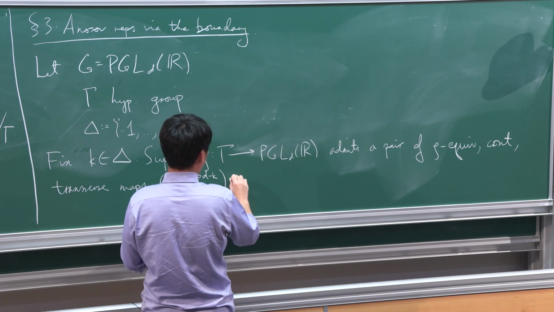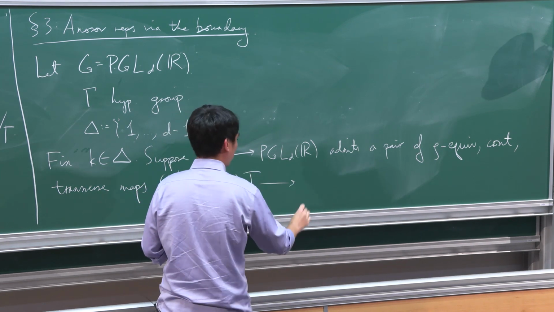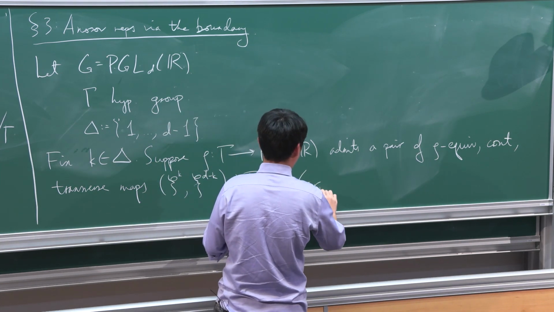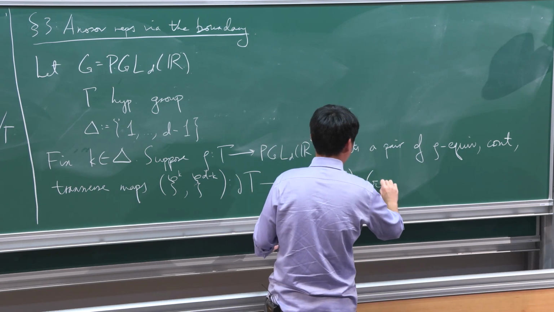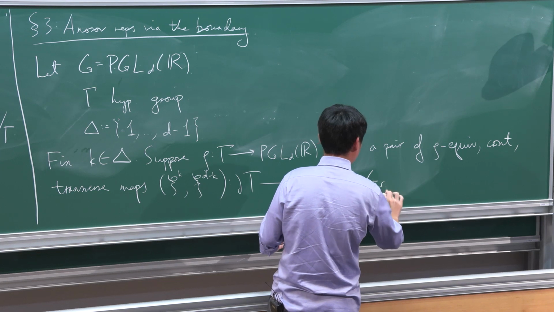These are maps from the boundary of gamma to the Grassmannian of k-planes in R^d and the Grassmannian of (d-k)-planes in R^d.